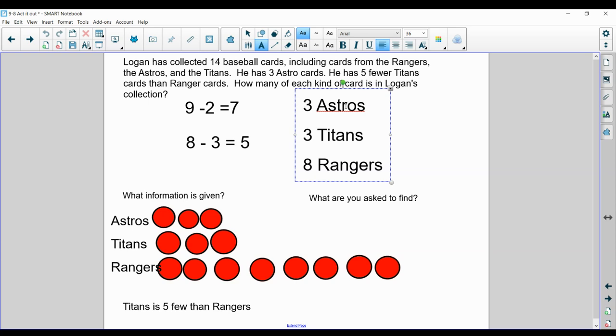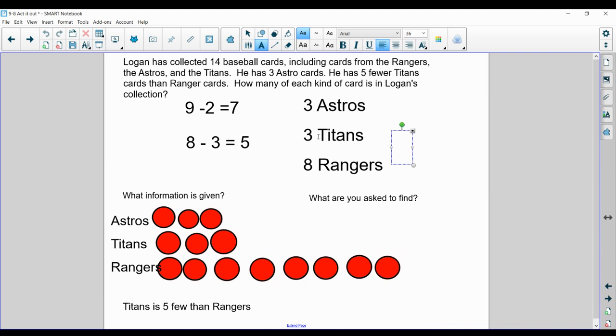He has 5 fewer Titans than Ranger cards. So if I did like I did over here, 5 fewer Titans than Rangers, 8 minus 3 is 5. So I could also do 5 fewer Titans and Rangers, right? 8 minus 5 equals 3.